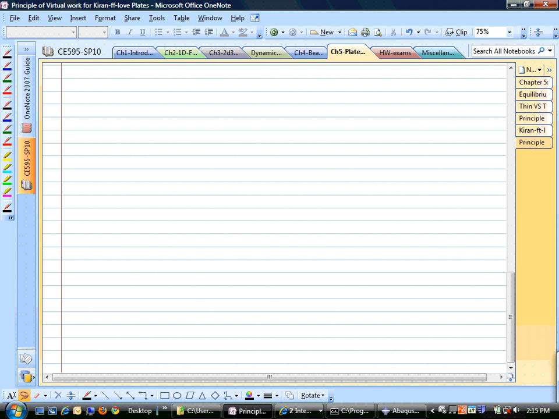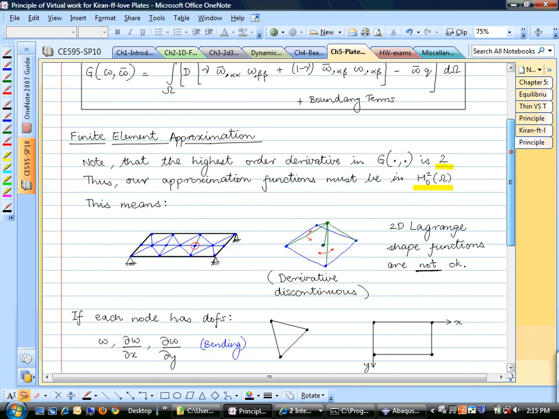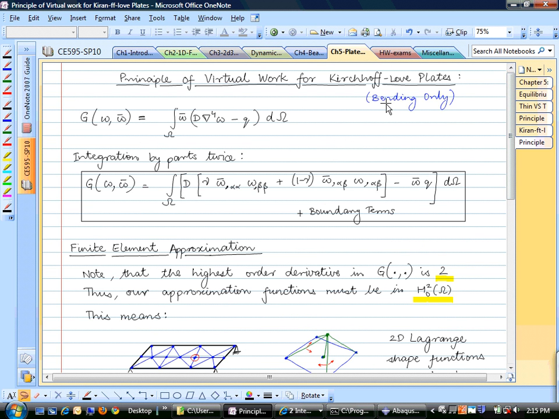So once you have the boundary conditions and the governing equation, you can again go back and set up the virtual work weak form. Take our equilibrium equation, multiply it with virtual displacement, integrate by parts twice because you have fourth order derivatives. So once you do the integration by parts twice, you get this equation.